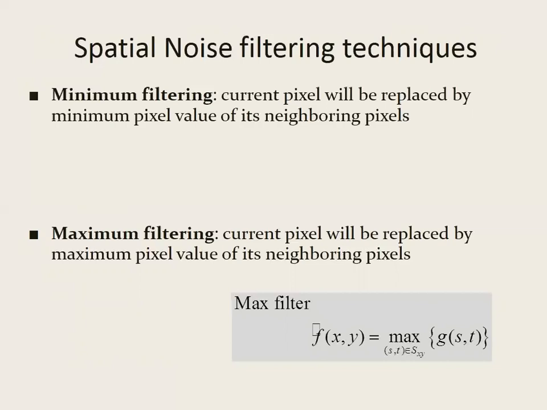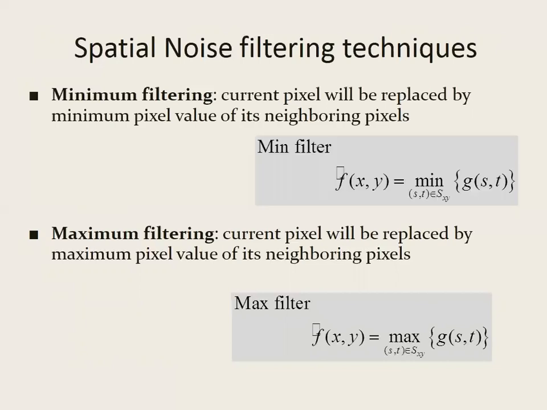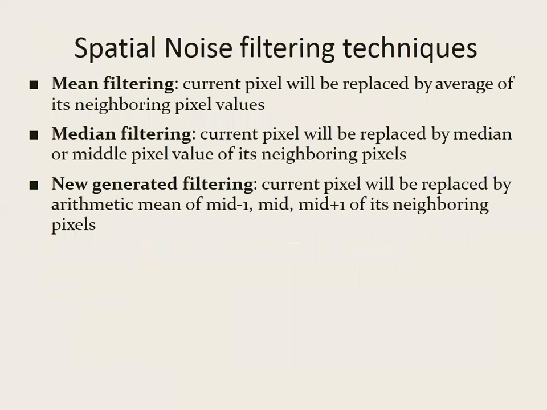Otherwise, we have to replace the central pixel with the maximum value identified through maximum filtering. But mostly, we are not using min and max, since they are sensitive to the spatial distribution of pixel values. Median filtering and mean filtering are better. And you will get them with MATLAB also.